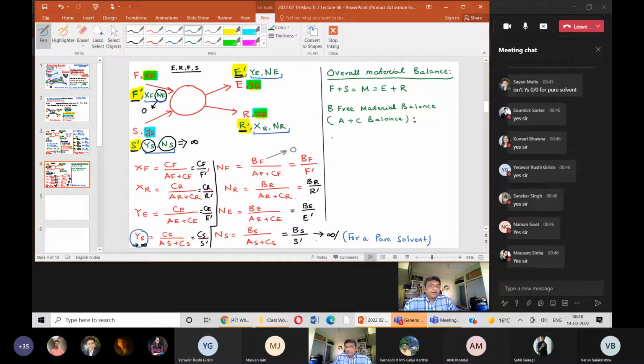So what you can write in A plus C balance: F dash, apparently it's very simple, plus S dash is equal to M dash equal to E dash plus R dash, right?